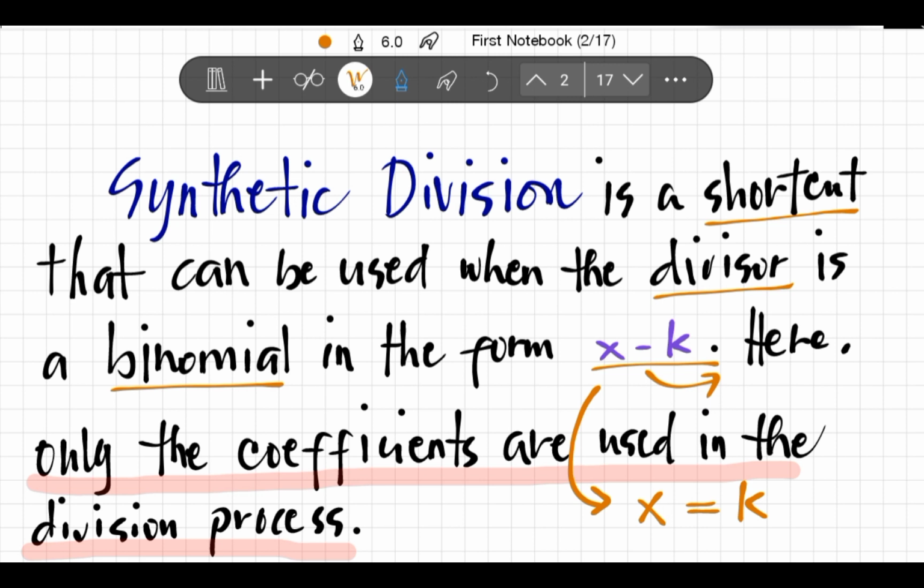So x minus k can be written also as x equals k. And here, only the coefficients are used in the division process. When we say coefficients, those are the numerical coefficients of a given term.